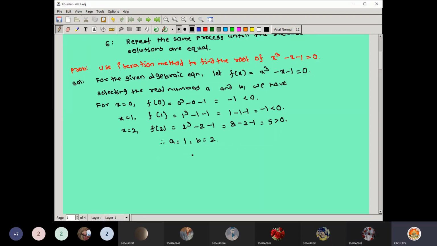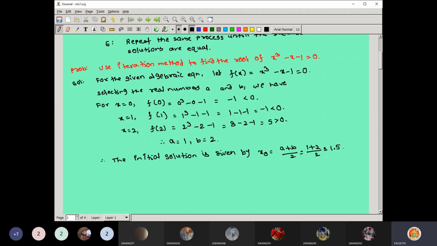Once you have the a and b values, as per the procedure the initial, or starting, solution is given by x naught equal to a plus b divided by 2. Your a value 1, b value 2, divided by 2, 3 by 2, that is 1.5.